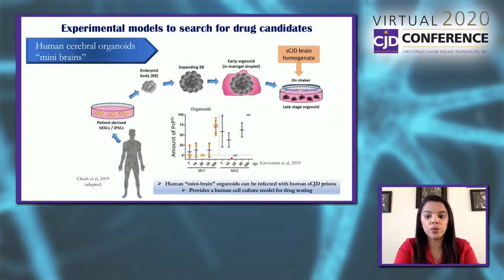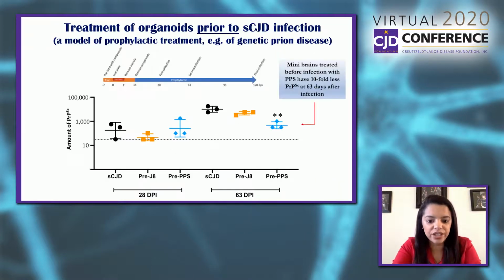There was no residual inoculum there. But weeks later, they found newly generated PrPres. So this is the most recent model of human prion infection.